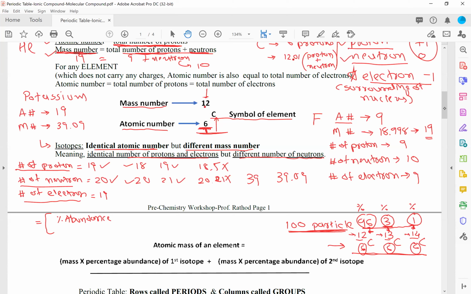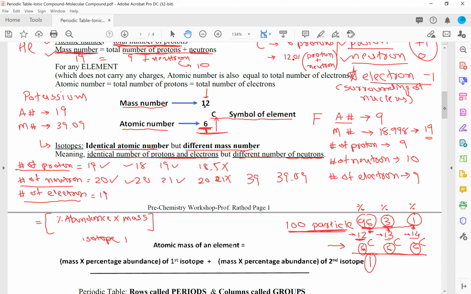Percentage abundance means the number that I gave you, the percentage, 96% will be in this form, the first form, isotope 1. So what I'm going to do is percentage abundance multiplied by the mass. In this case, what is going to be the mass? The mass is going to be 12. This is going to be for isotope 1.